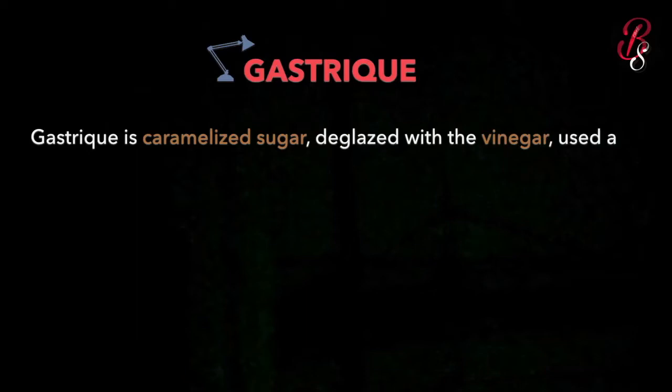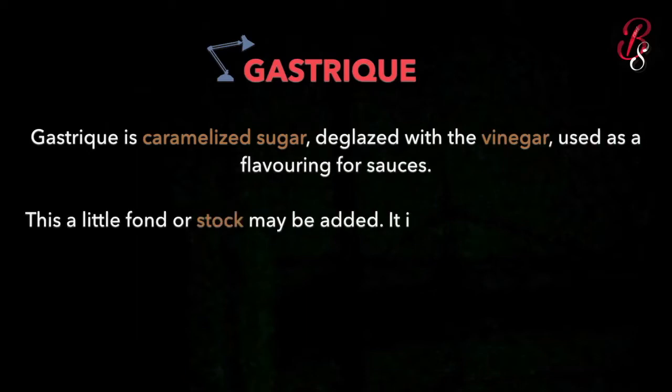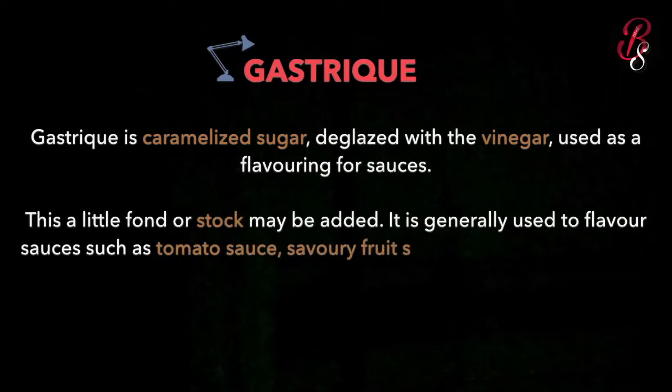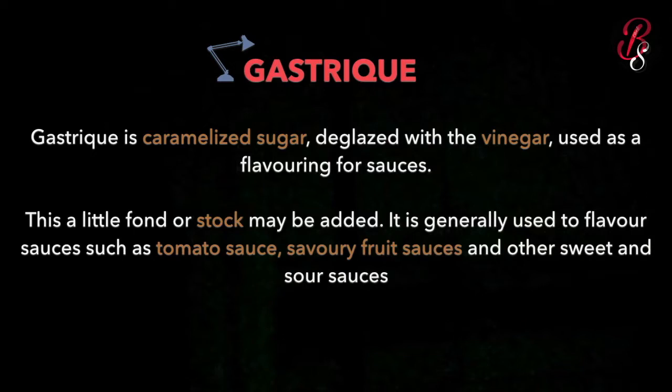Let's go to the next term. We have a gastrique. Let's study about this. Gastrique is caramelized sugar deglazed with vinegar, used as a flavoring for sauce. For example, for brown sauce, we add a bit of this to the sauce or the stock to get a good color and a little bit of acidity.